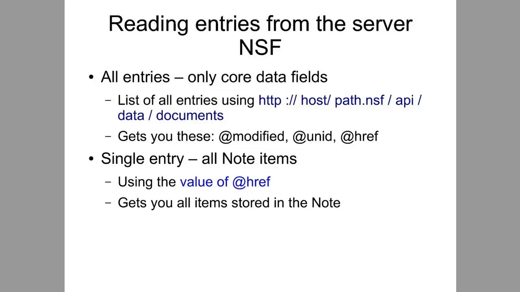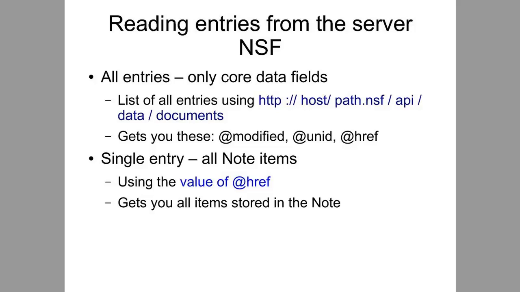There we are. So that's authentication. Now we've authenticated with the server. Now we want to do something with it with the REST API. So how do I read entries from the server? Basically, first you want to retrieve a list of all Notes documents inside the NSF.